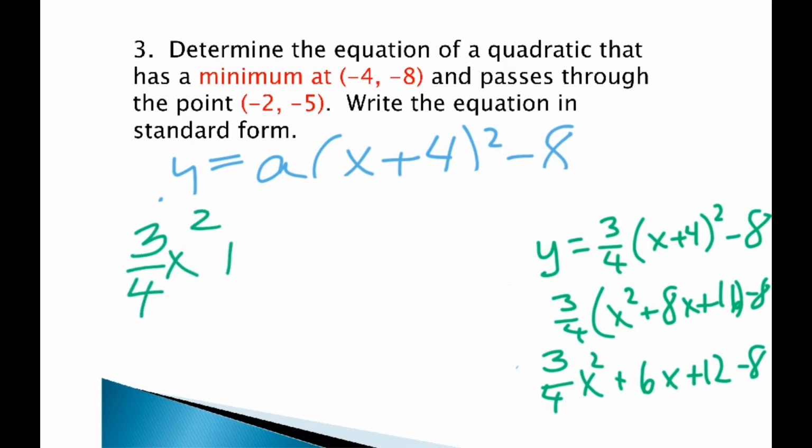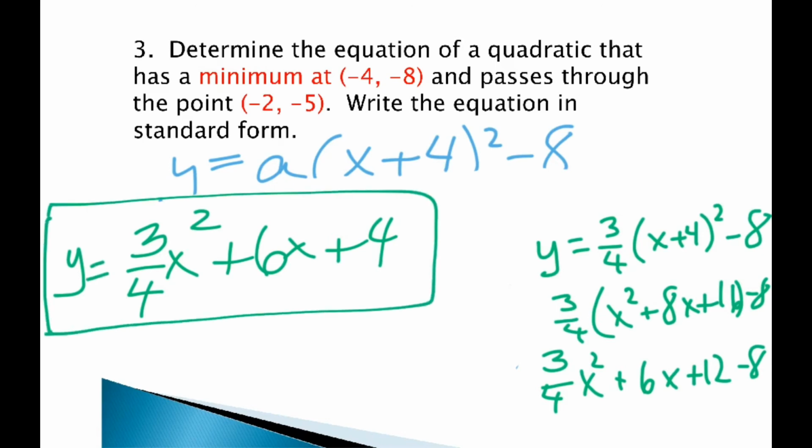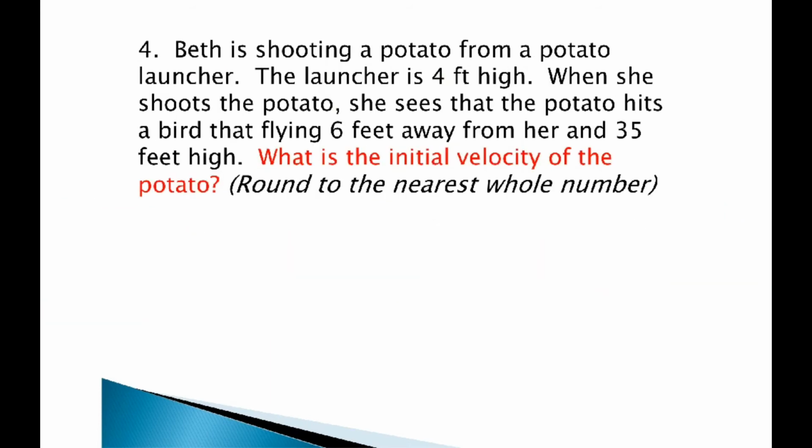Okay, so 3/4 x squared plus 6x plus 4. Okay, that is my equation that is going to represent this graph. Okay, I feel much better about that. That sounds much better.